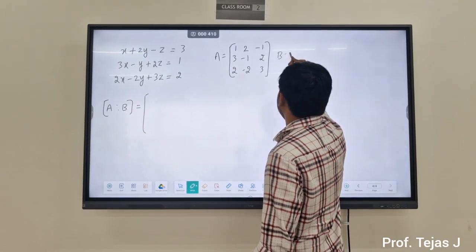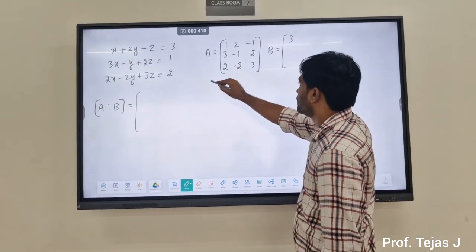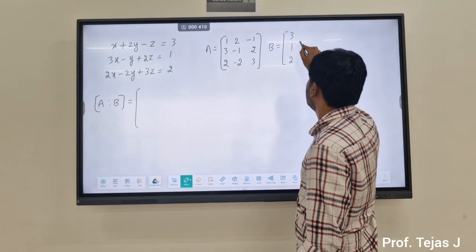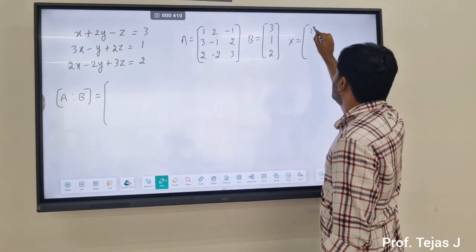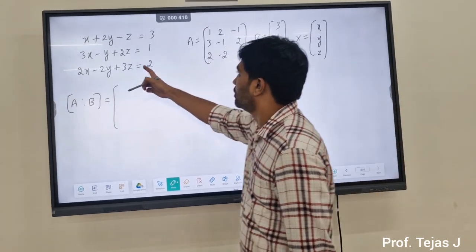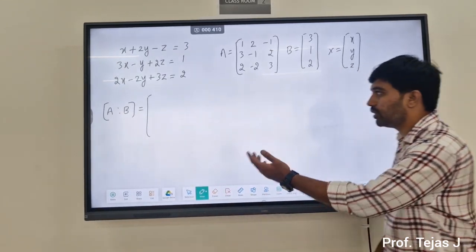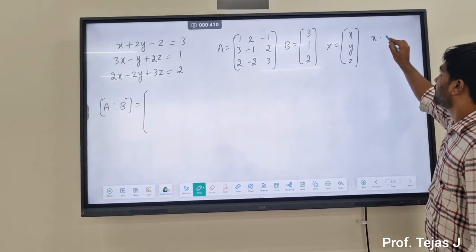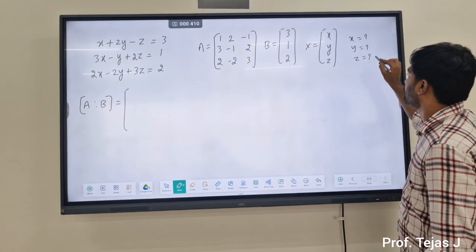The matrix B will be the constants, which are 3, 1 and 2. And the X matrix will be the given variables x, y, z. We will be finding the value of x, y and z.